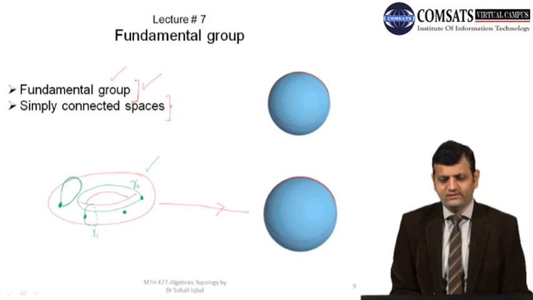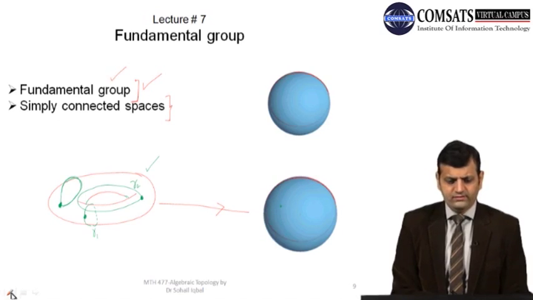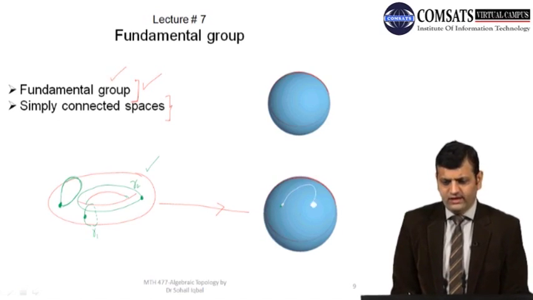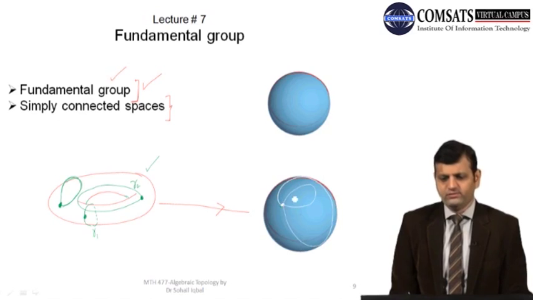We cannot observe this for example on a sphere. Take any loop on the sphere, we can squeeze this loop to just one point. Take any other loop and it will just become a point.